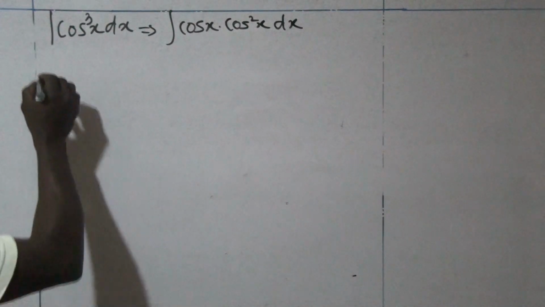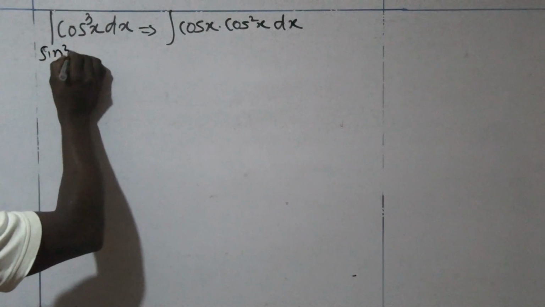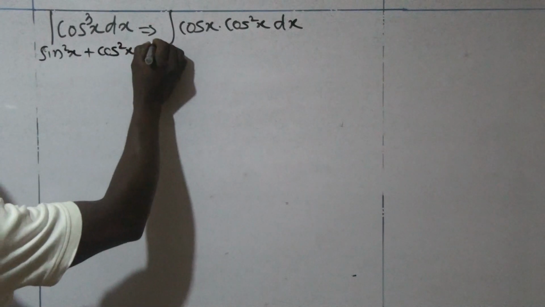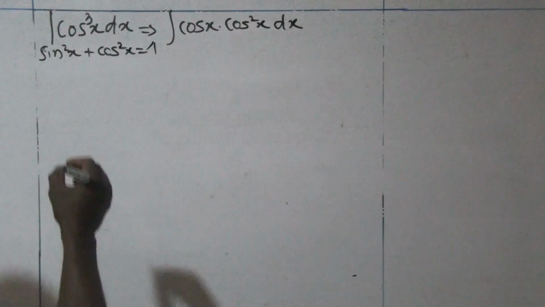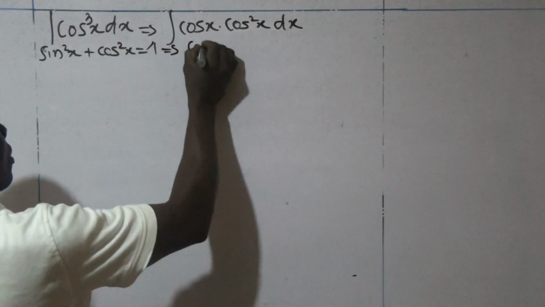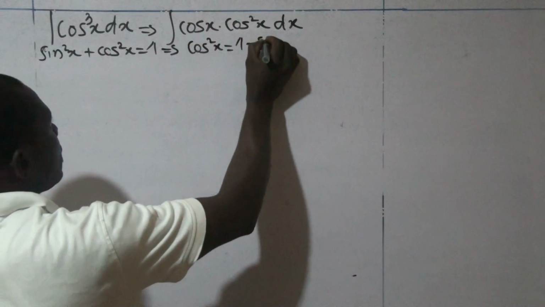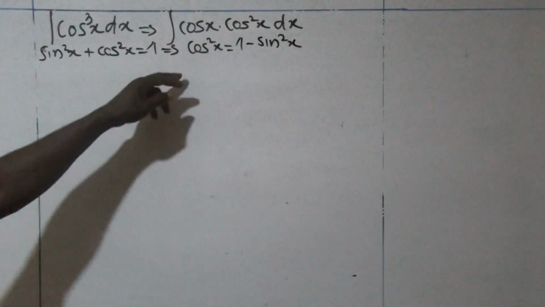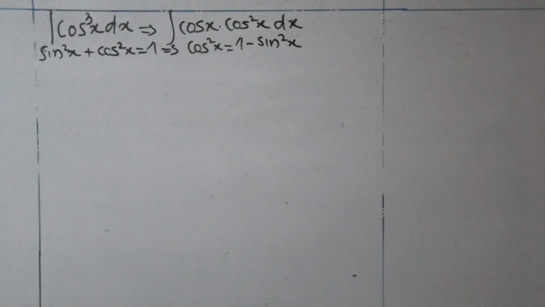But we recall from the identity that sine square x plus cos square x is equal to 1. So we make cos square x the subject of the relation, and this becomes cos square x is equal to 1 minus sine square x. So we replace cos square x with this expression.